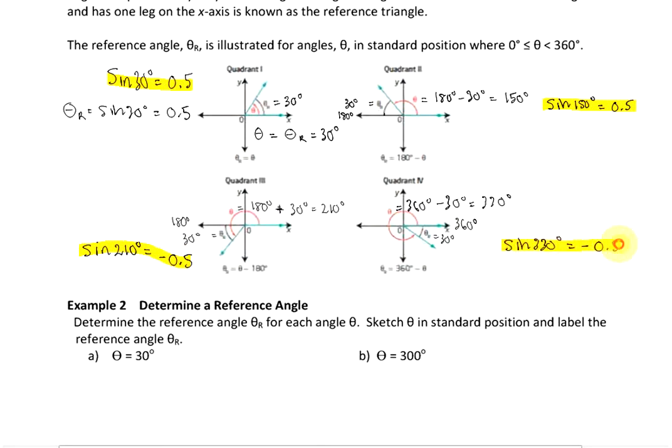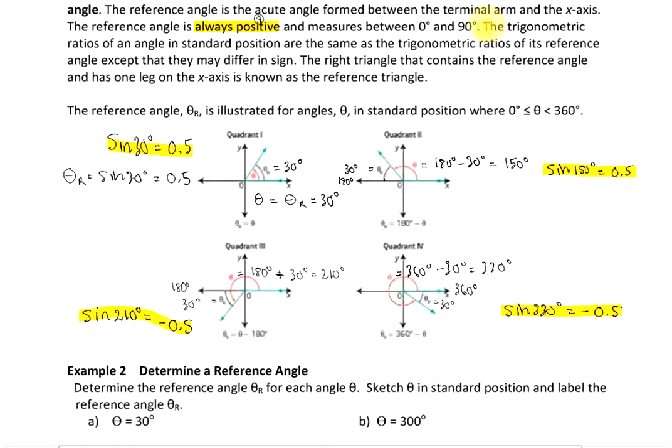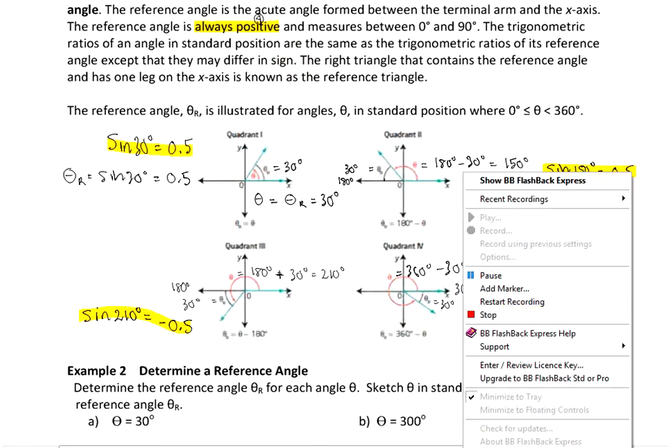And our fourth quadrant angle in standard position with a reference angle of 30 degrees has a ratio of 0.5, but it's negative. So if we go back up here, you should know what this means now. The trigonometric ratios of an angle in standard position are the same as the trigonometric ratios of its reference angle, except that they may differ in sign. And in the next video we will do a couple of examples.